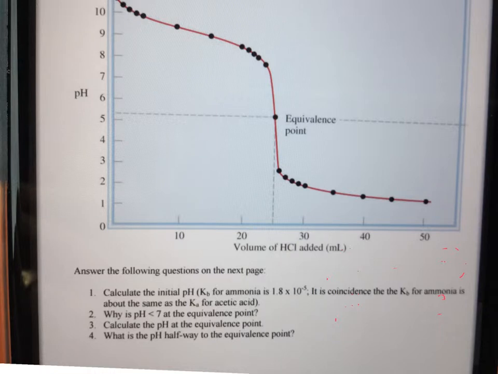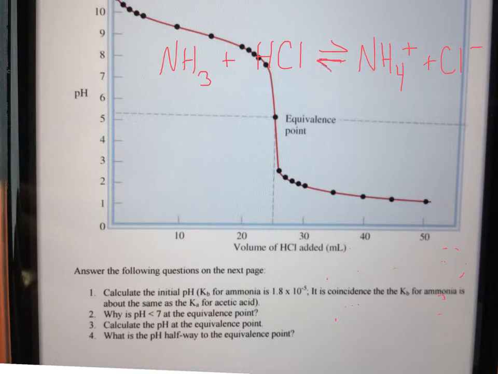The ammonium that forms can go back, and I'll write out this equation here. The NH4 is going to basically give the hydrogen back, producing those acidic ions, and that's why the pH at the equivalence point is going to be less than 7. It's going to be in the acidic range.